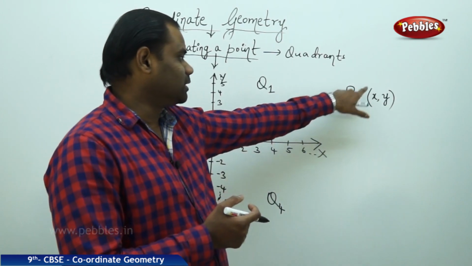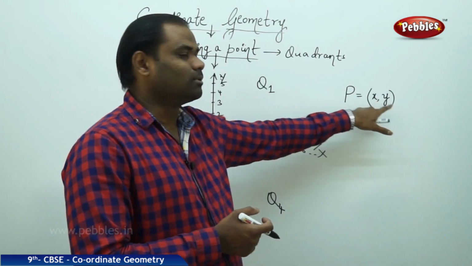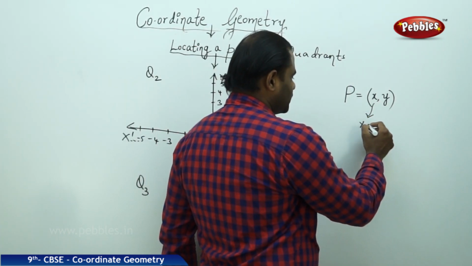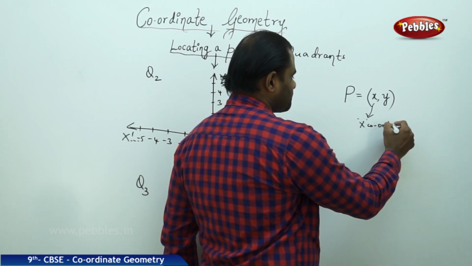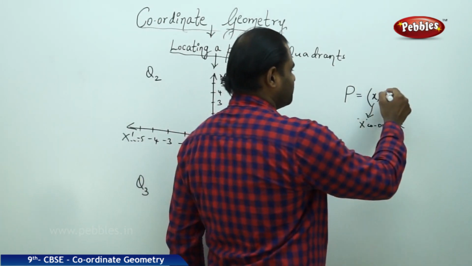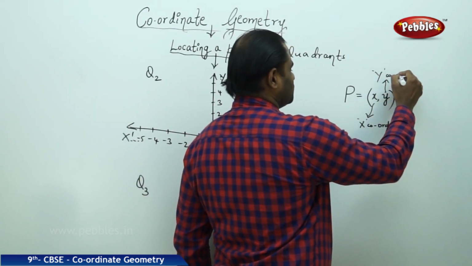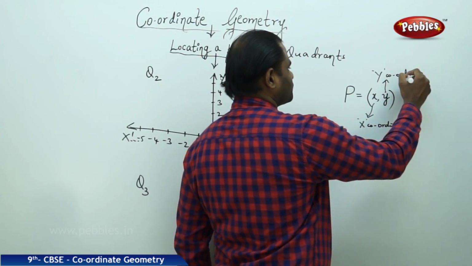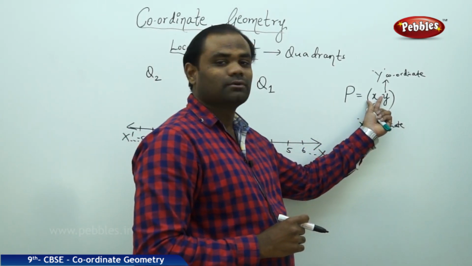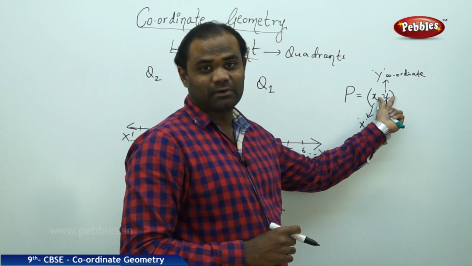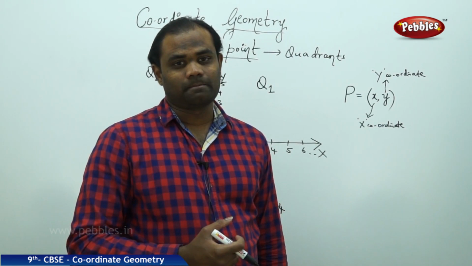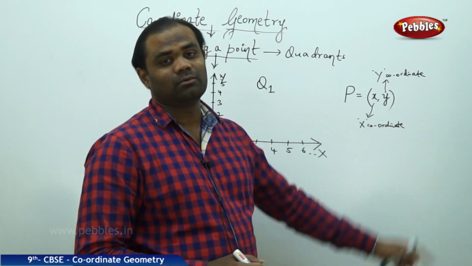When I take the point P, I generally denote it with open brackets with x, y, where x refers to the first value or the x coordinate, that is a value on the x-axis, and y refers to the y coordinate or the value on the y-axis. So here I have this value which lies on the x-axis, and here I have the value which lies on the y-axis. That is how the rule is applied for the point, generally denoted by x, y.